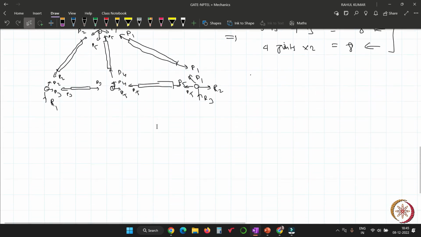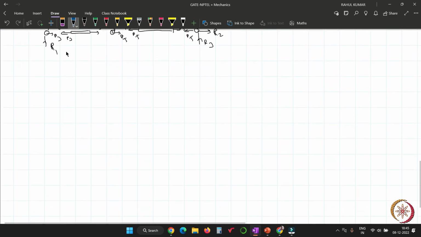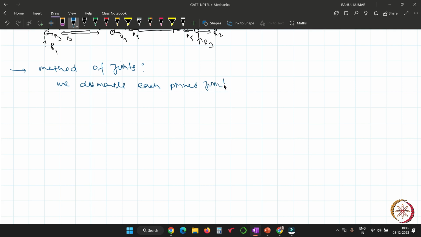Since I have already discussed the method of joints, let's keep the topic: method of joints. In this method you actually do what? We dismantle each pin joint and each member virtually.